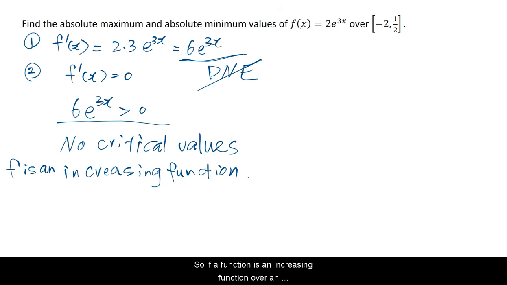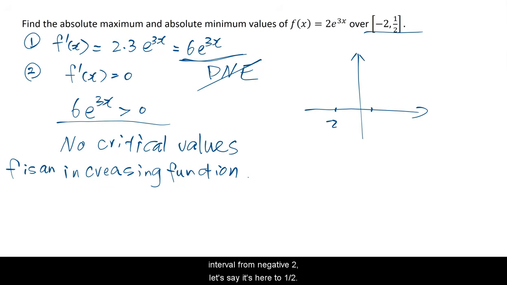So if a function is an increasing function over an interval from -2, let's say it's here, to 1/2, let's say it's here, and the graph is kind of like that.